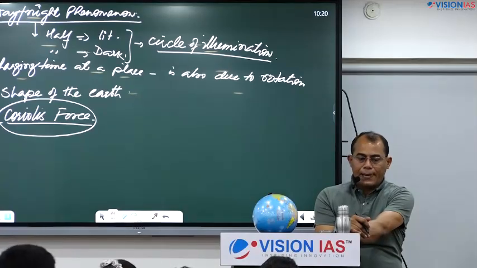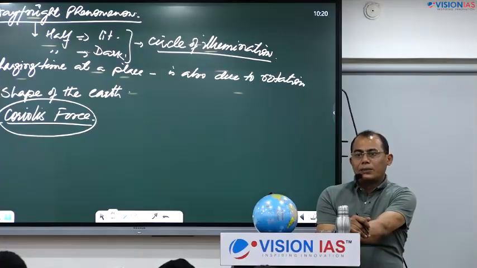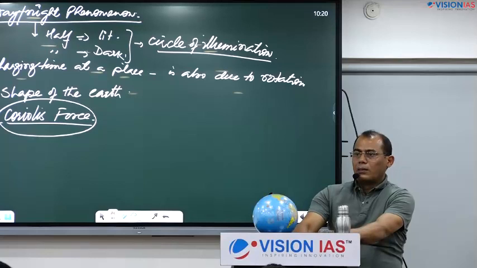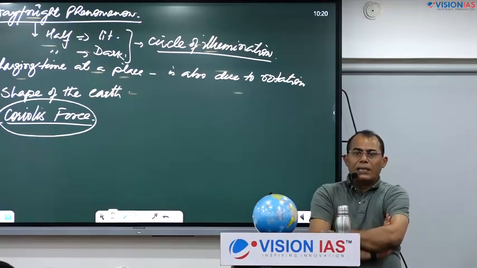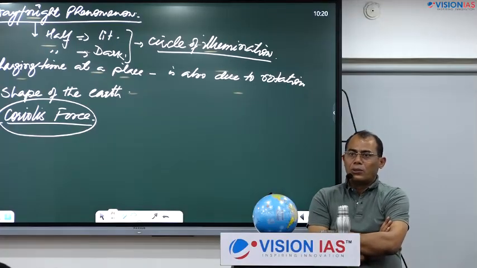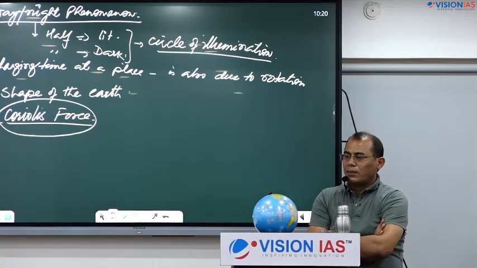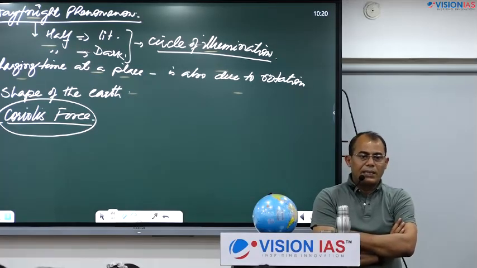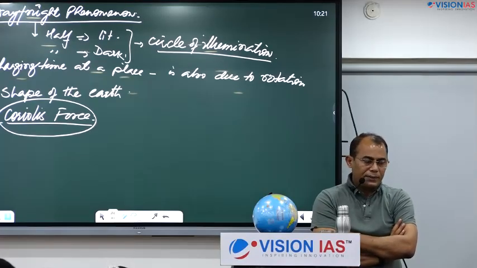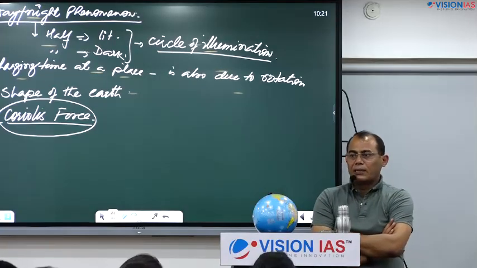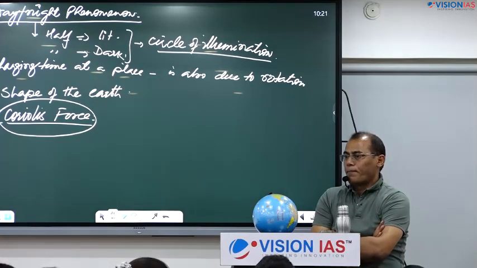In other words, it is 0 at equator and continuously increases to attain its maxima at poles.